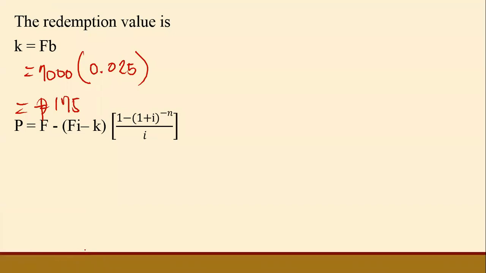Okay, so let's continue. So for us to find the price of the bond with discount method, substitute lang natin yung mga value ng formula na gamit natin. So this is 7,000 minus 7,000 times yung value ng I na 0.03 minus 175. Sorry, it is 175.